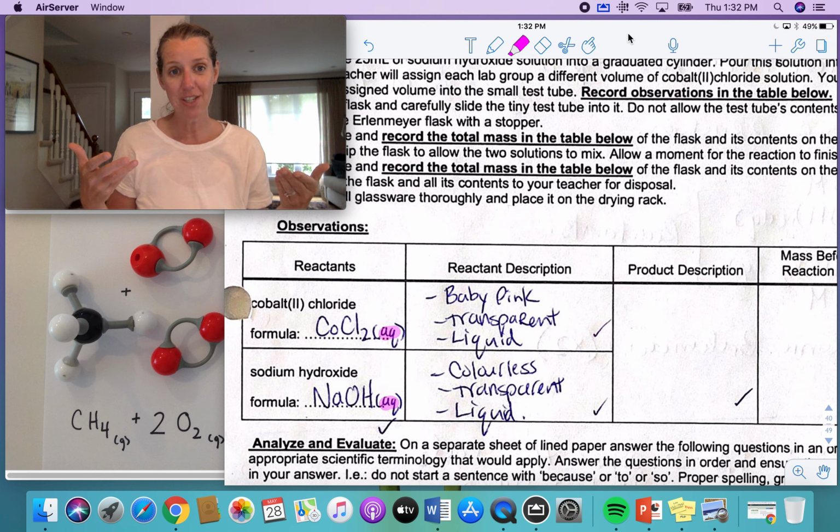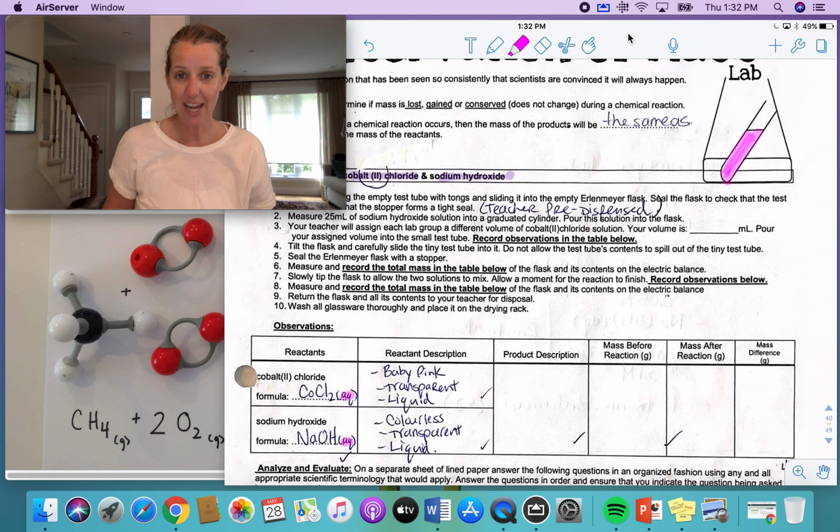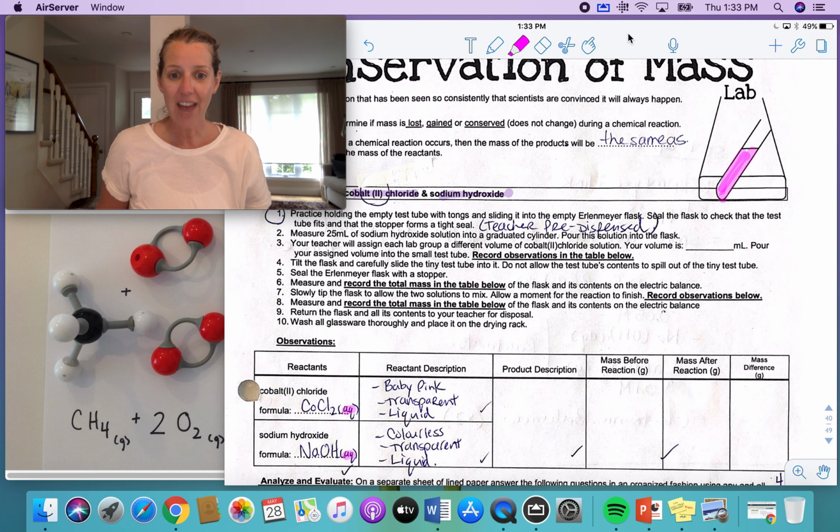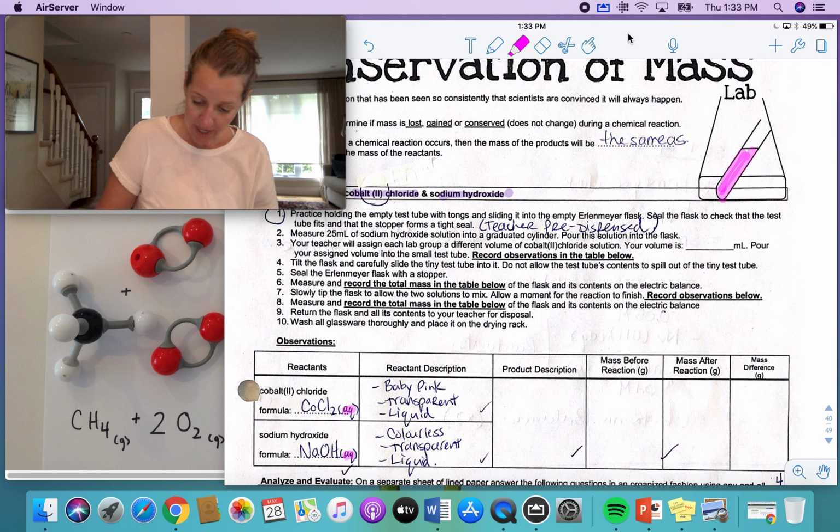It's simply going to dissolve the cobalt 2 chloride to make a solution, and that solution happens to be transparent. So I put a little aq behind it, and then I've added that to my Erlenmeyer flask that has some sodium hydroxide in it.